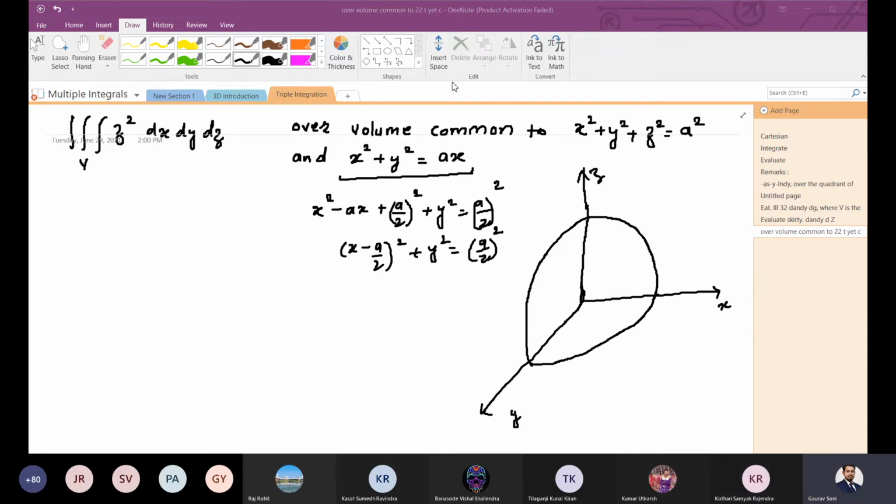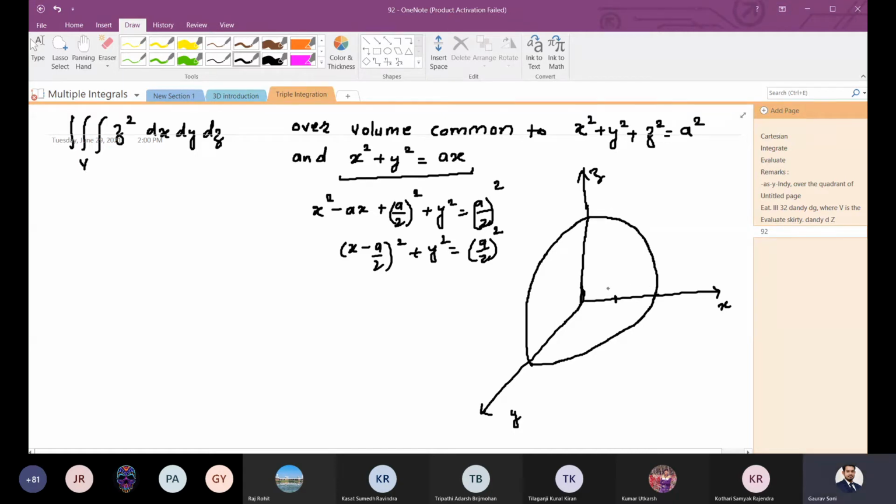What about 3-dimensional figure? Sir, it is the cylinder along z-axis. Exactly. So the center of this circle on xy plane is going to be (a by 2, 0), and radius is also a by 2, as you can see. So it is a cylinder, as the z variable is absent.